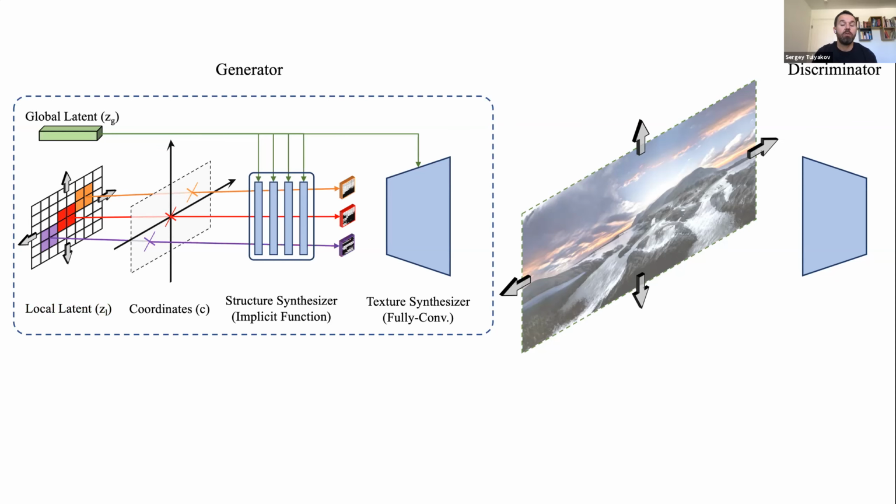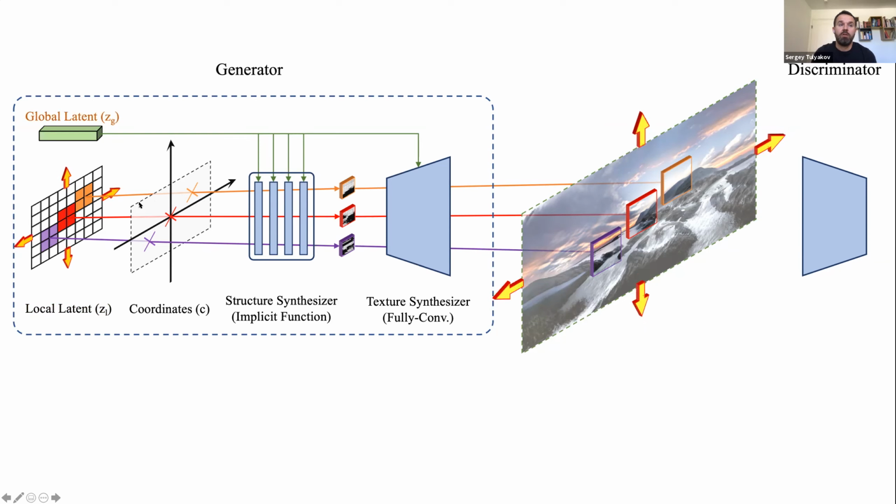Again, they're independent. And then the texture synthesizer can generate small patches. We can query the implicit function and generate the local coordinates and local latents as much as we want, so we can spatially extend them as much as we want. Therefore we can generate very large, effectively infinite resolution images.